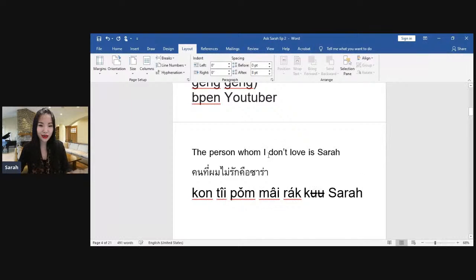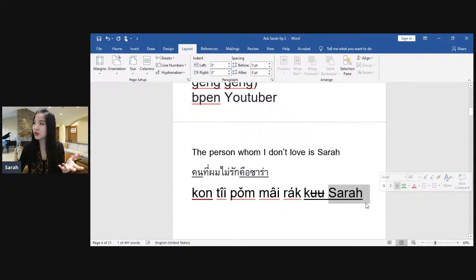So yeah, this is a complete sentence. คน, the person, is Sarah. This is the main sentence, like subject, verb is คือ, and Sarah is an object or complement.